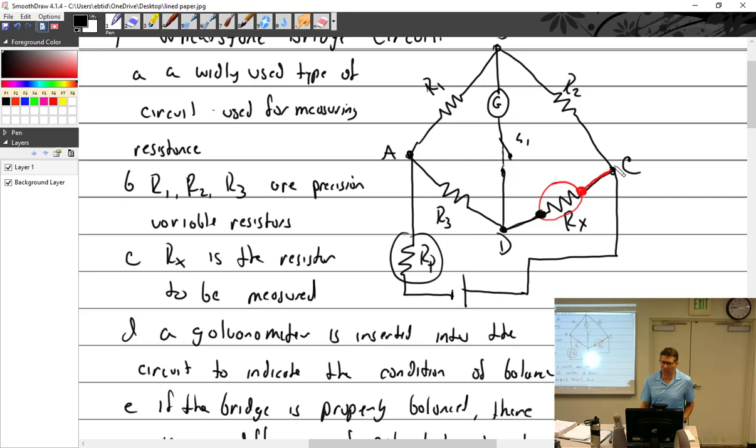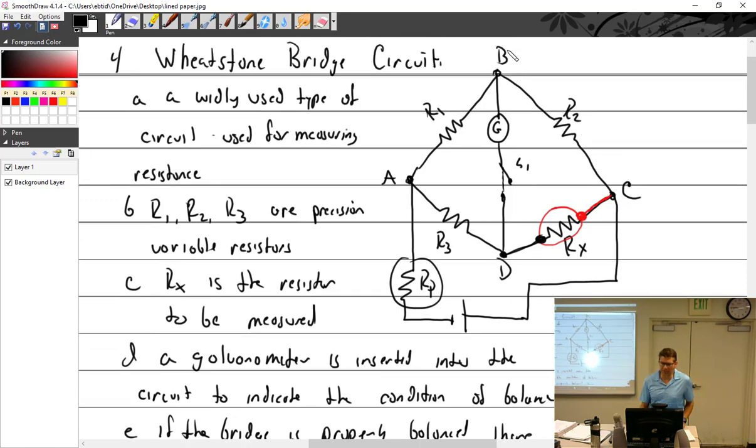You come up through C, B, R1, A, and back down, or through C, D. It's going to flow through this bridge circuit, but not through D and C. If nothing flows through B and C, then you're in balance, and the meter will have no current flowing through it, so it'll say 0.